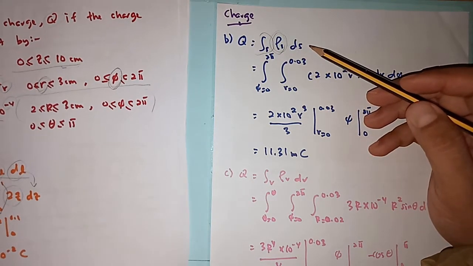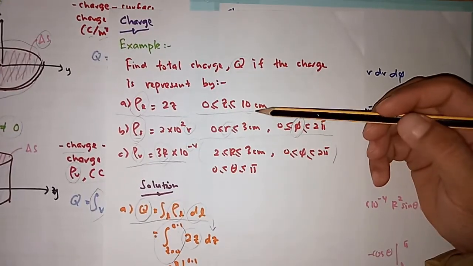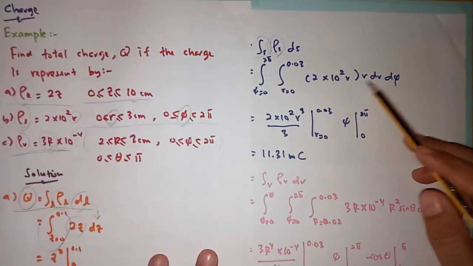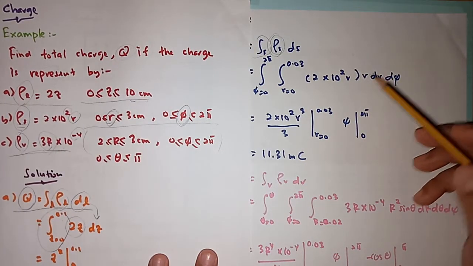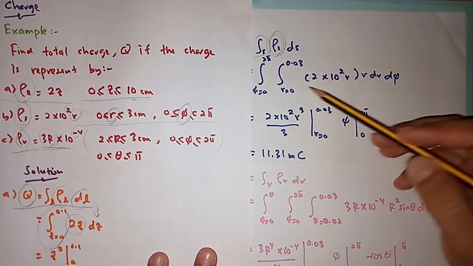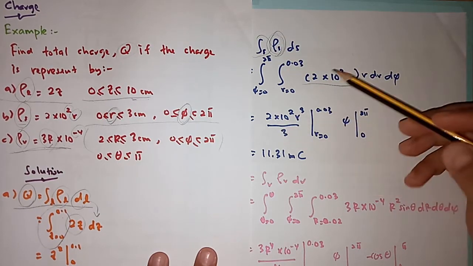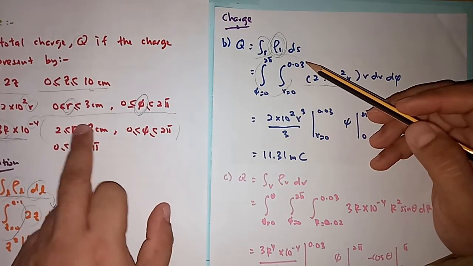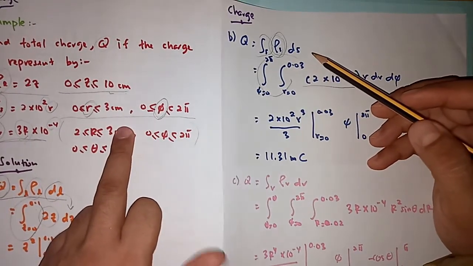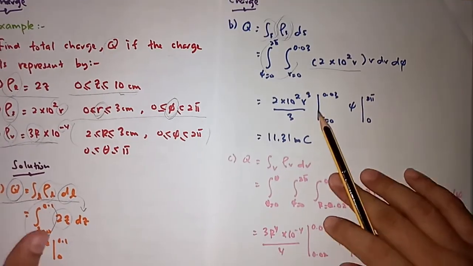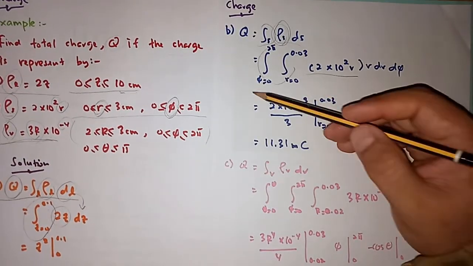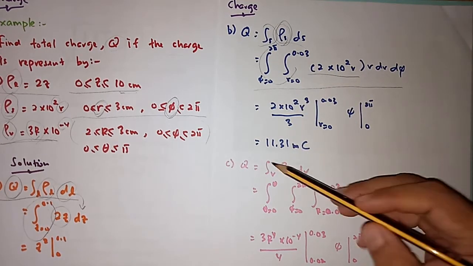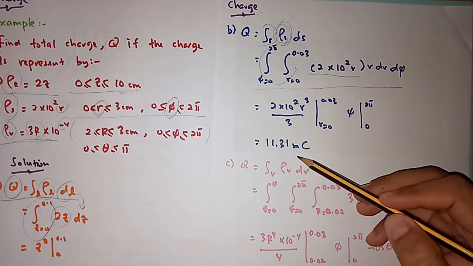Based on this limit, we know that our ds is equal to r dr d phi, and the rho s is given by the equation given in the question just now, and the limit as well is based on whatever has been given. When you solve this expression, the answer for this question is 11.31 millicoulomb.